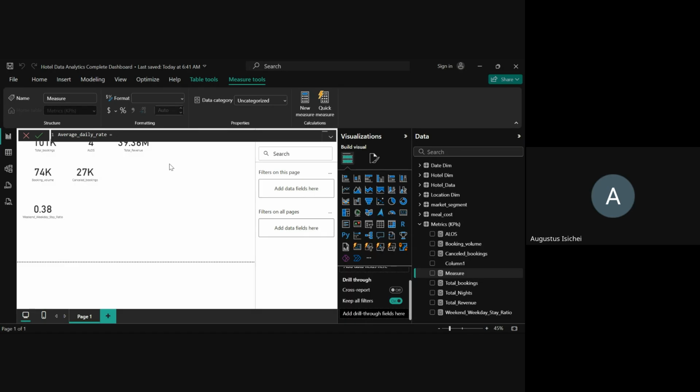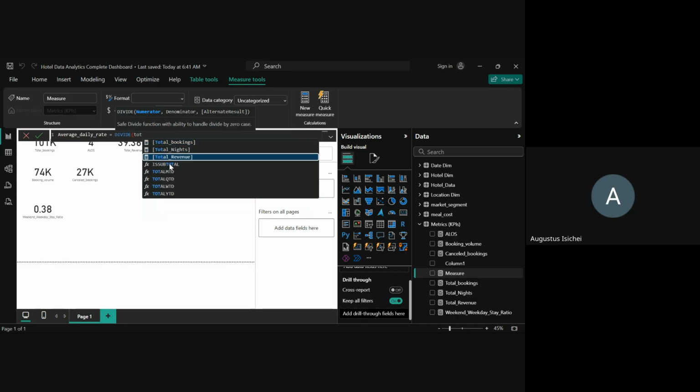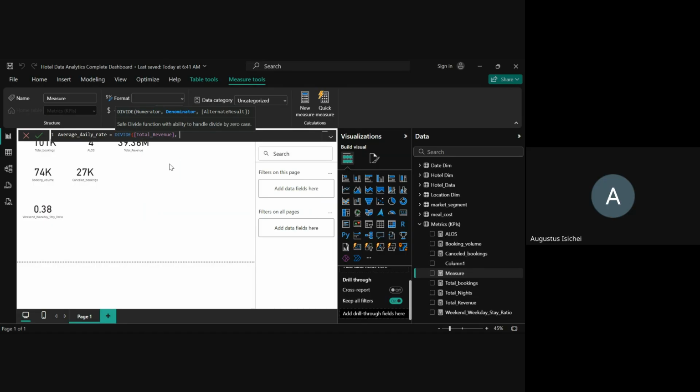column, right? ADR, which stands for average daily rate. But to calculate the average daily rate KPI for our metric, it will be total revenue that we calculated divided by total nights. So we'll do a divide of total revenue, which is what we calculated earlier, divided by total nights.